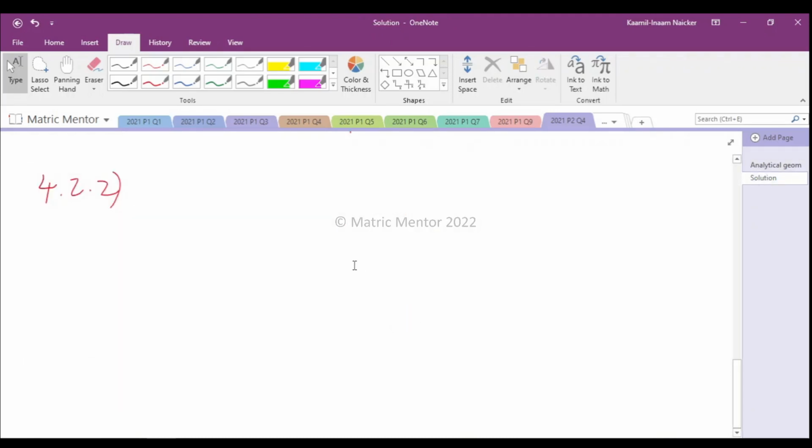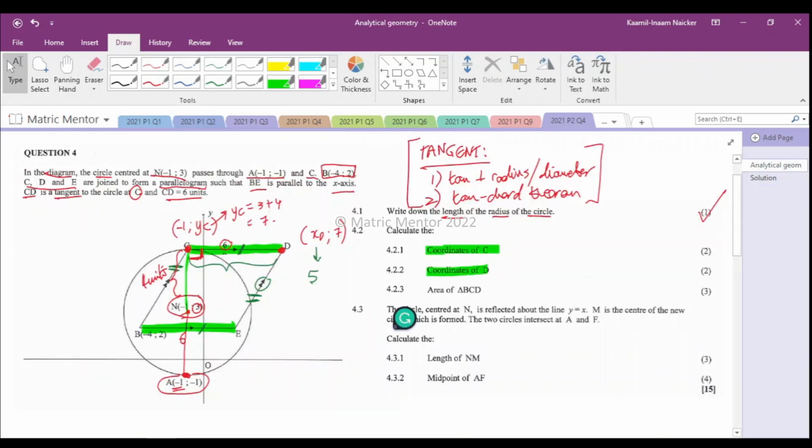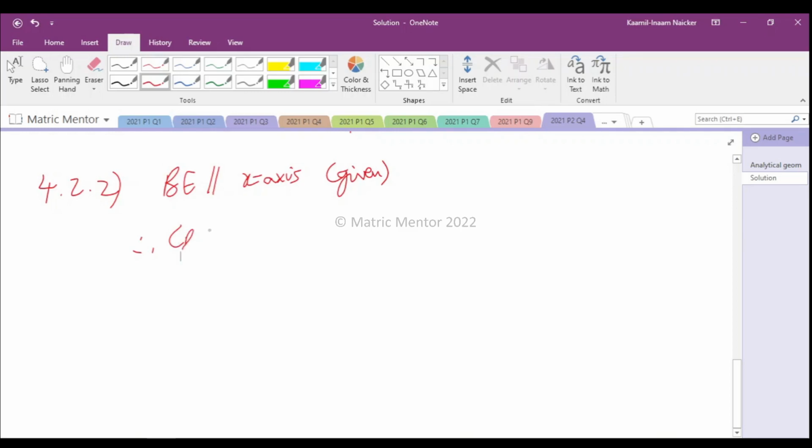So once again, let's put that into a proper statement. I'm going to start off by saying that BE is parallel to the x-axis. And that was given to us, okay? And I'll say, therefore, CD is also parallel to the x-axis. And if this looks familiar, it's because we wrote the exact same thing in the question above. But I'm just going to rewrite it in case the marks are allocated in this question and not in the first question.